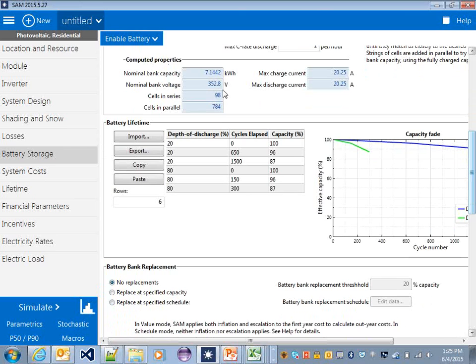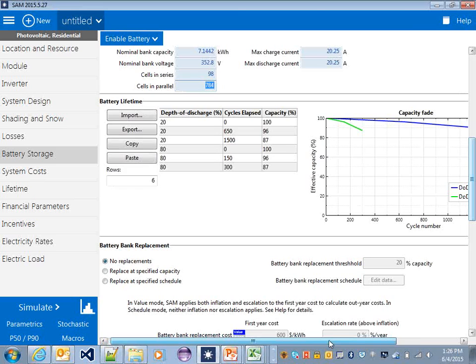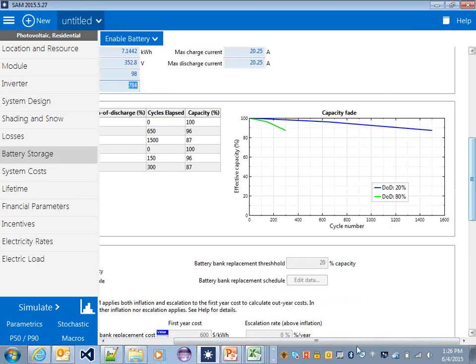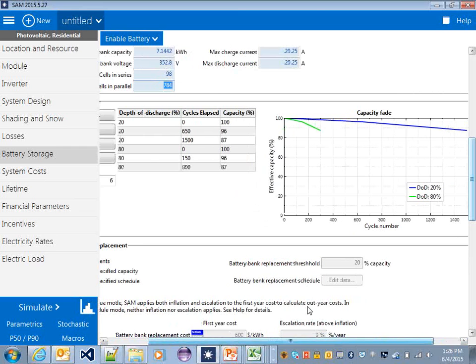Down here in the computed properties, we entered a desired bank size of about 7 kilowatt-hours and a bank voltage of 350 volts. Basically it adds cells in series and parallel until it gets as close as possible to that. Here's where you enter the degradation curve information.